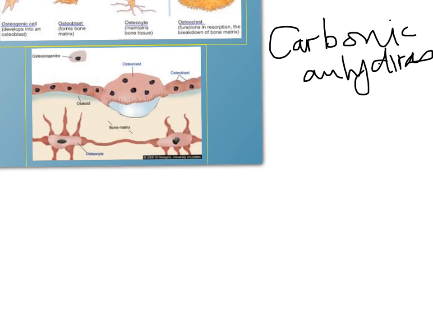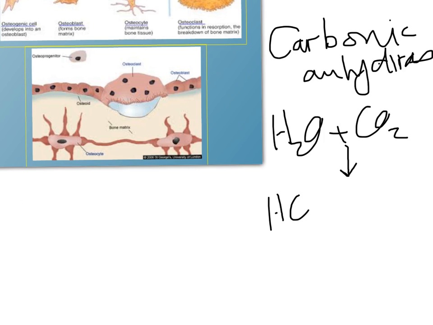This carbonic anhydrase induces this reaction: water with carbon dioxide will form carbonic acid. And this carbonic acid will dissociate to bicarbonate plus hydrogen. And this hydrogen will be released from the ruffled border, causing acidification of the matrix that will dissolve the calcium salts.